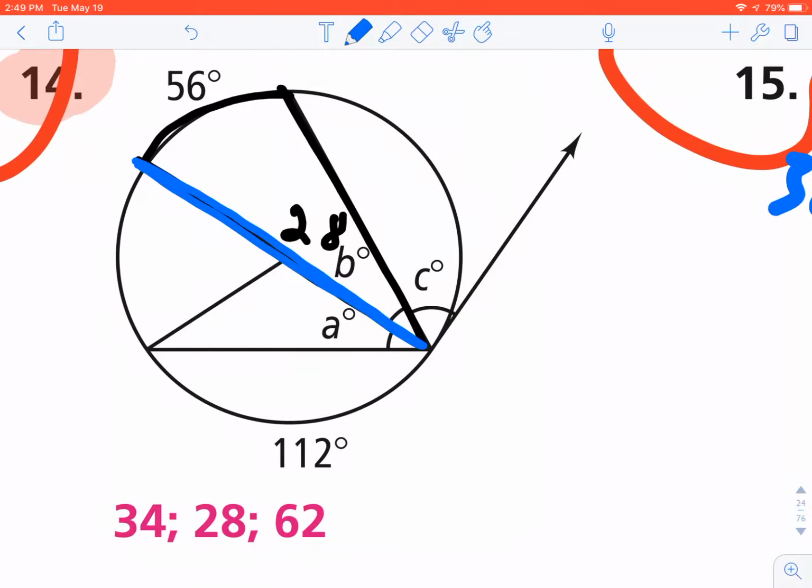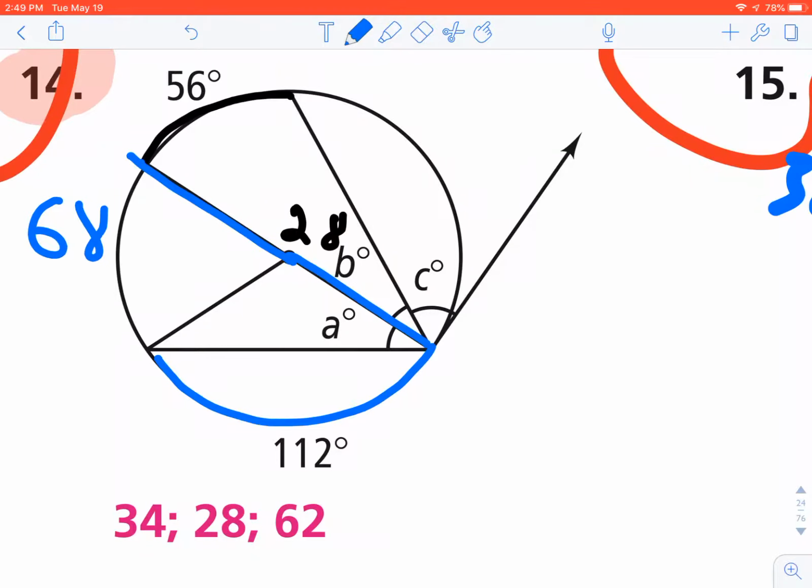This is a diameter. I know that because it does pass through the center. It shows me that right here. And I know that from here to here is 112. Well, if I take 180, because there's 180 degrees in a semicircle, and subtract from it 112, I get 68 degrees from this point to this point. If I cut 68 in half, that gives me the measurement of angle A, which is 34 degrees.